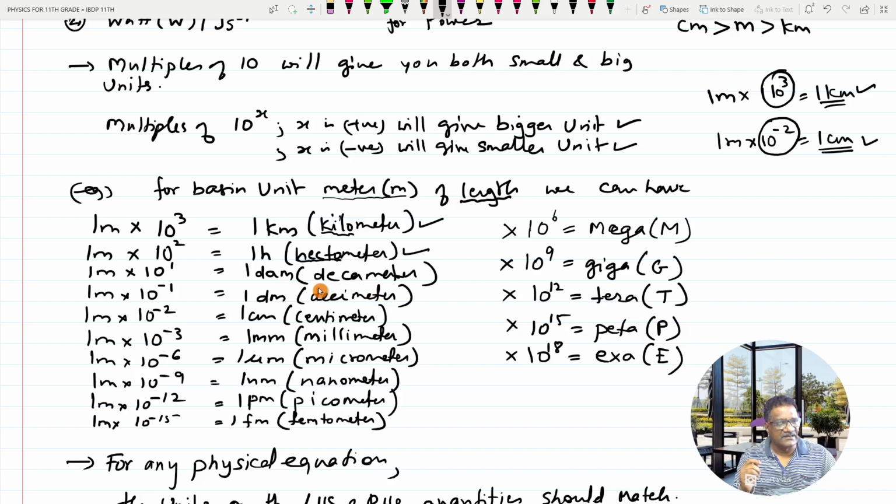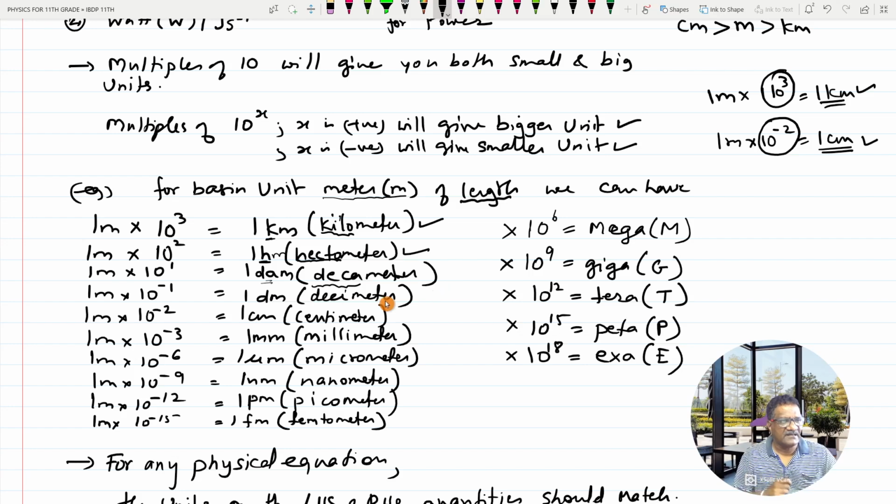Deca stands for 10 raised to 1. Anything multiplied by 10 raised to 1 is deca, and since this is meter, it will be written as decameter, DAM. Deca's short form is DA, hecto's short form is H, here there should be meter, and kilo's short form is K.